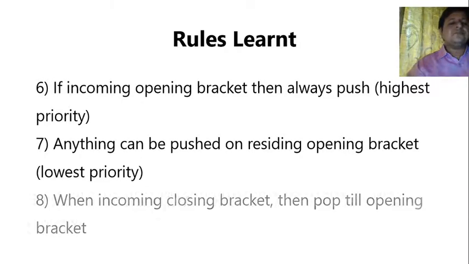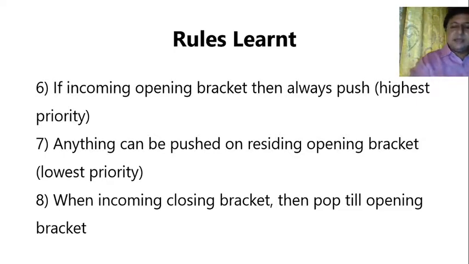And when you get an incoming closing bracket, you have to pop till you get the opening bracket, and obviously whatever you pop should be added to the result, till we get the opening bracket. So the opening bracket is not added to the result. The closing bracket we have encountered, so we are doing this. So even the closing bracket is not added to the result. So finally, in your postfix expression, we will not be having brackets. Fine. So these are the rules.